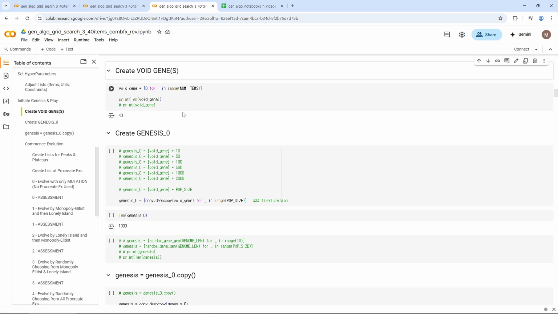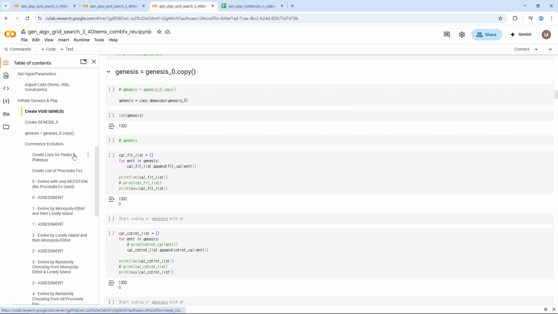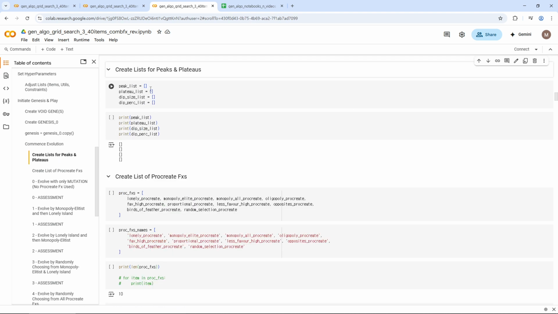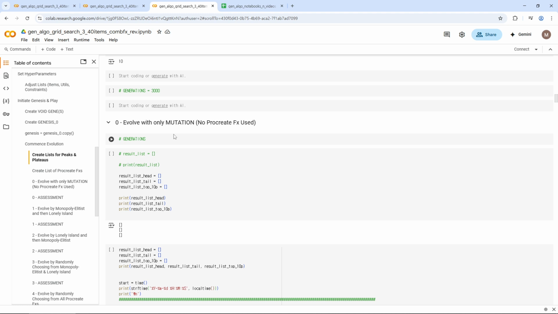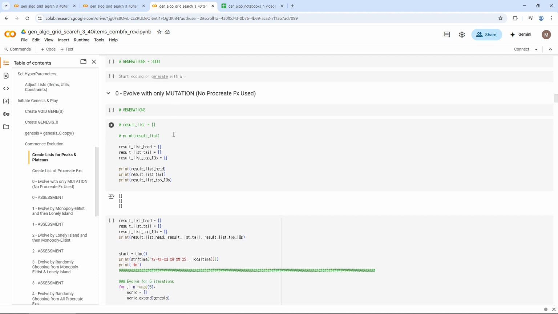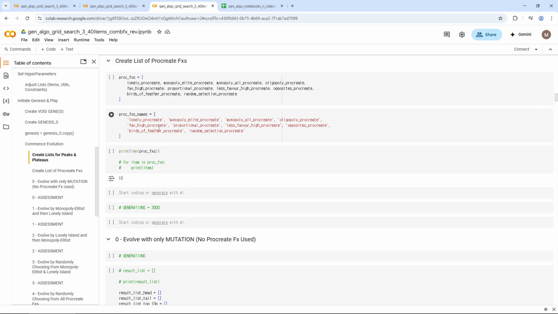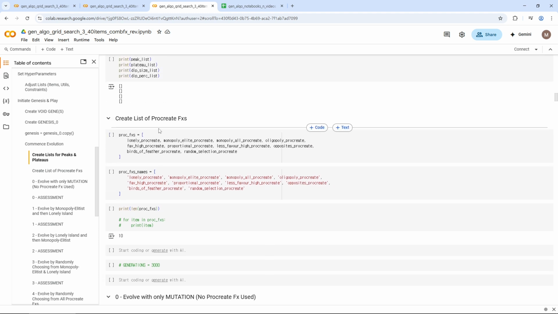I create the void genes, I create the Genesis 0 and stuff like that, and I'm just going to create four lists, namely peak list, plateau list, dip size list, and dip percentage list, and these are going to be empty. At the end of each step I will decipher the peaks and get the average of those peaks.